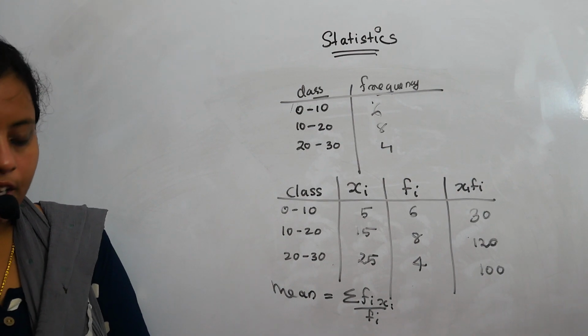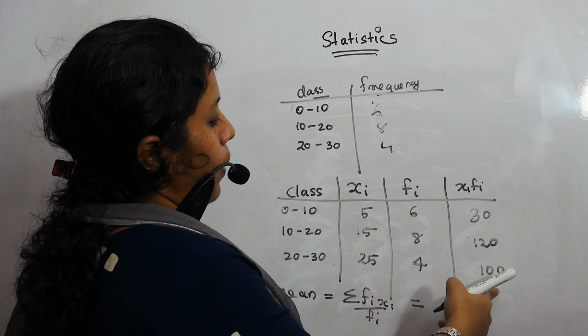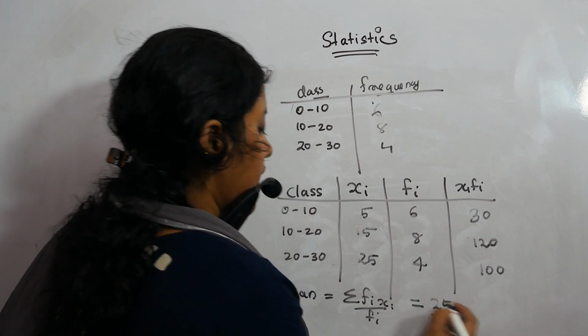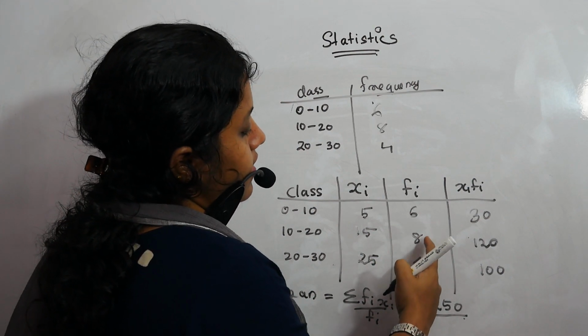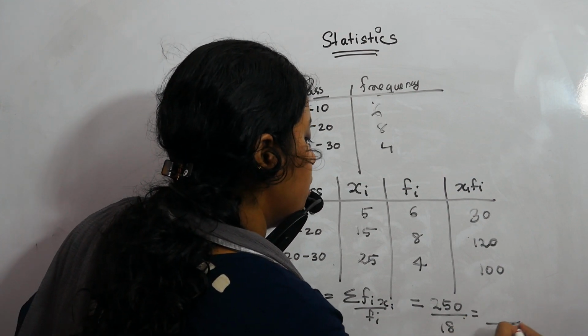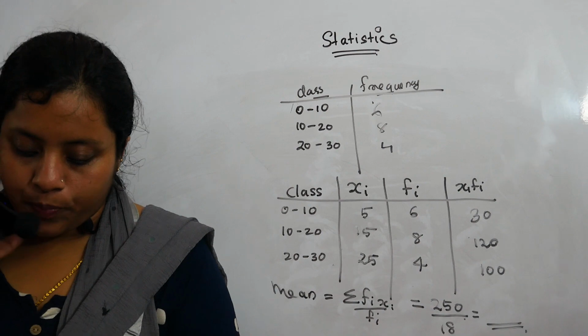Sigma fi xi means we'll add these: 30 plus 120 plus 100, that is 250, divided by sigma fi. What is sigma fi? Here it is 6 plus 8 plus 4, that is 18. You'll get a value, and that will be your mean for grouped data.